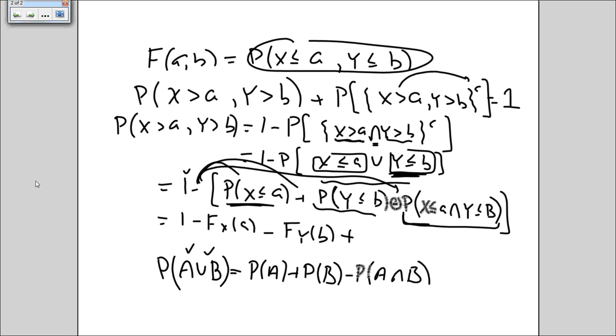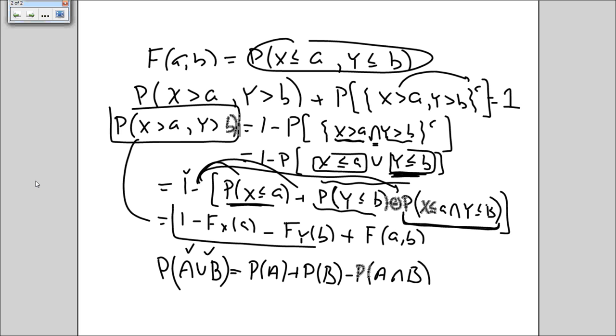The probability that X is less than A and Y is less than B, and that should be little b. Well, that's just f of AB. And using the definition, we derived the formula for the probability that X is bigger than A and Y is bigger than B. Here it is right here. Okay.